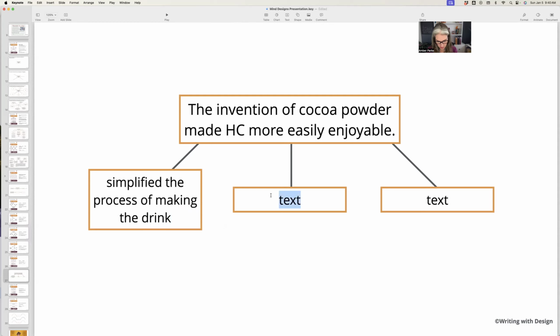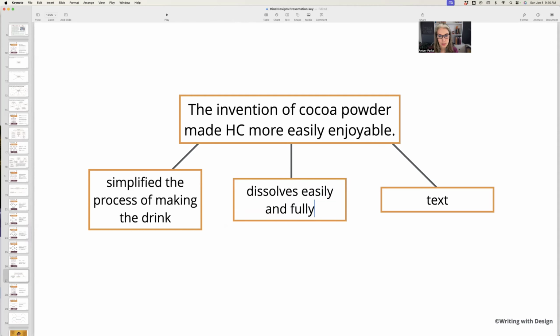Also, it dissolves easily and fully. Oh, and quickly. So dissolves easily, quickly, and fully. All right, so no little chunks of chocolate, right?